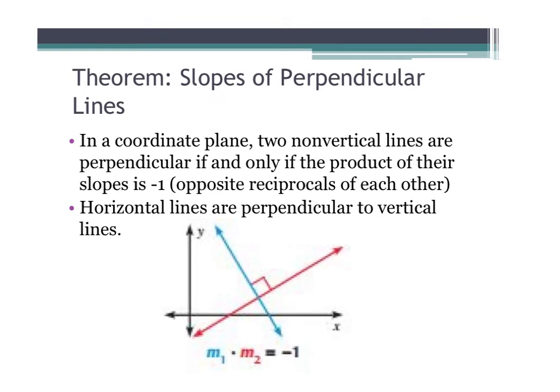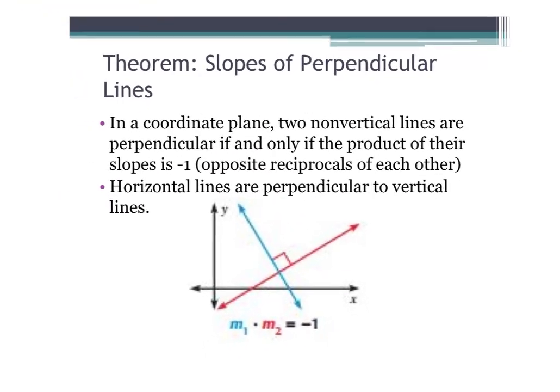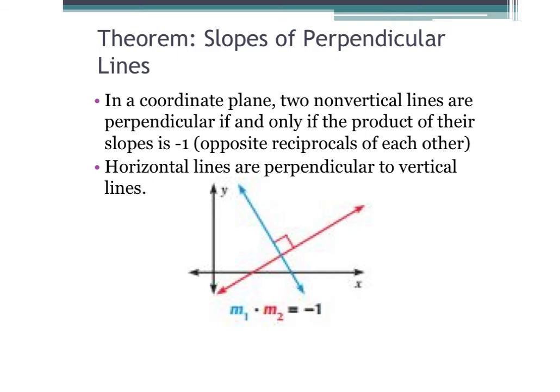All right, so then we've also got a theorem about the slope of perpendicular lines. In a coordinate plane, two non-vertical lines are perpendicular if and only if the product of their slopes is -1, or they're opposite reciprocals of each other. So horizontal lines are perpendicular to vertical lines. Well, let's take a look at this image.